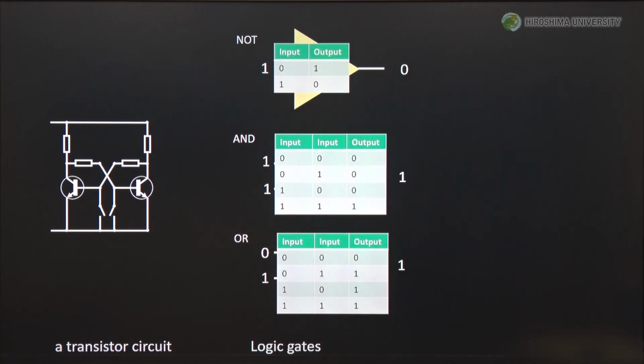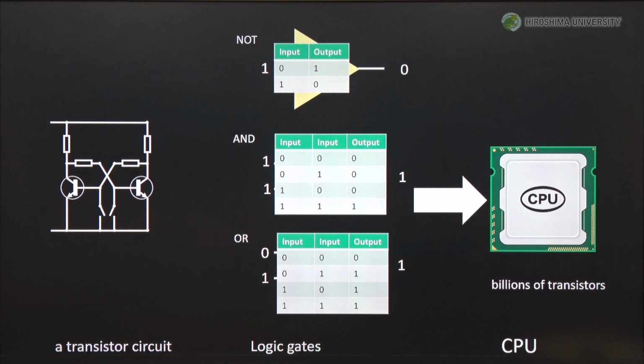This is a table of how the logic gates work. In an actual computer, we have billions of these transistors, making a so-called CPU, central processing unit.